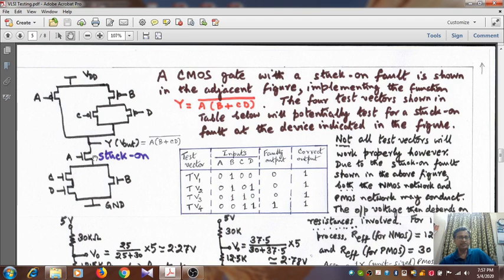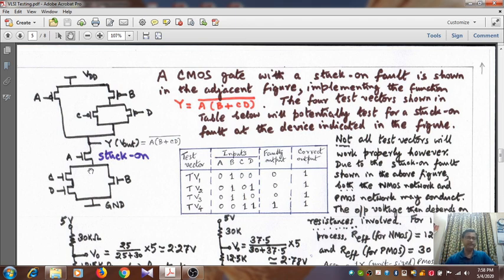And 0 1 0 0 means as this transistor is off, there can be no path between the ground and output node. So the correct output expected should be logic 1. But as this is stuck on, the faulty output can be obtained as 0, right?